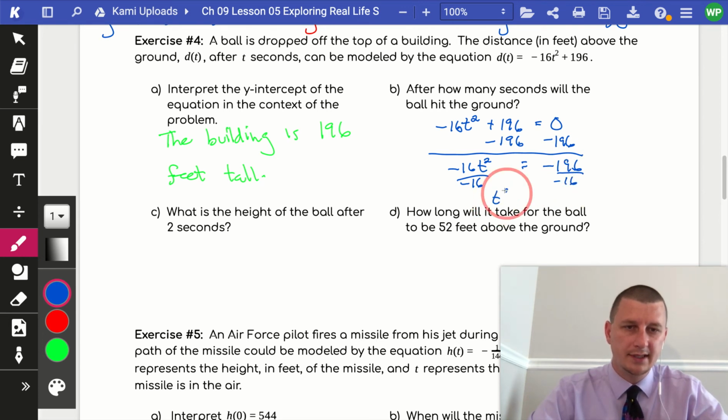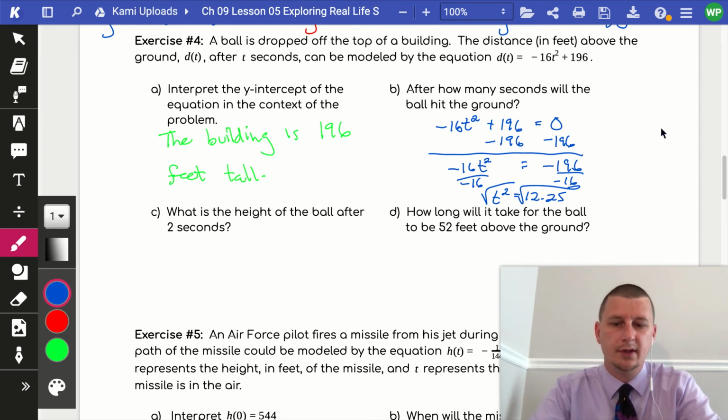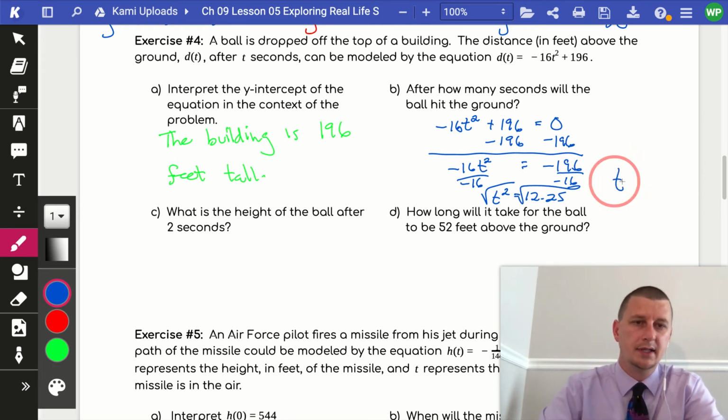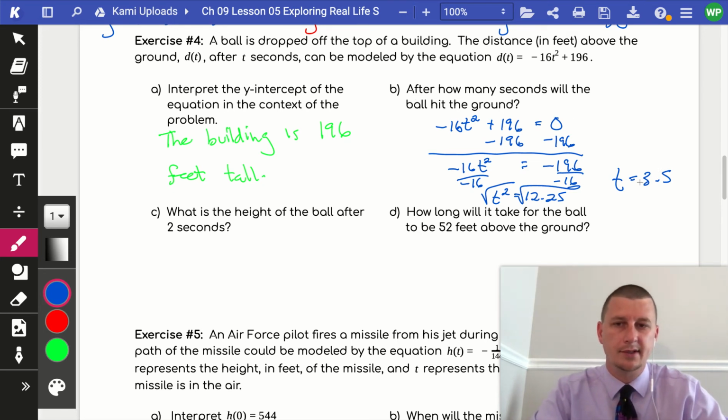And we're going to be left with t squared is equal to 12.25. And finally, to get the value of t, we have to undo the square by taking the square root. The square root of 12.25 is going to be 3.5. So t is going to be equal to 3.5, which is how many seconds it will take for the ball to hit the ground.